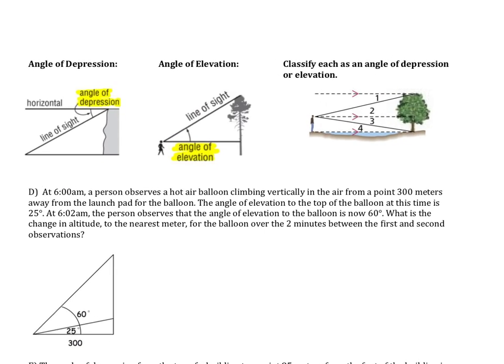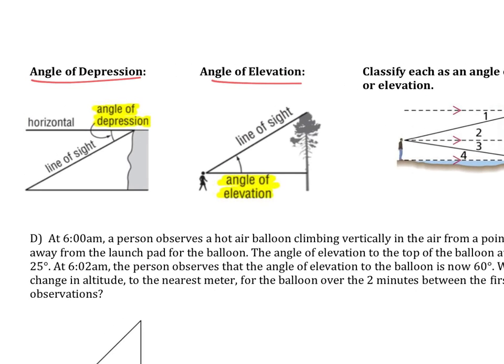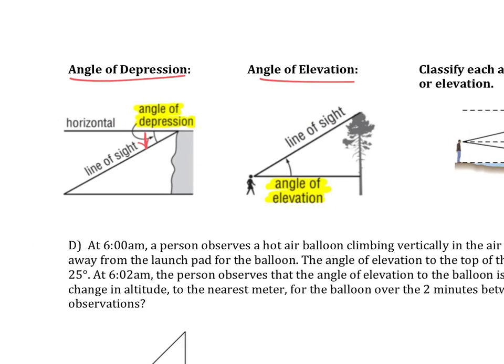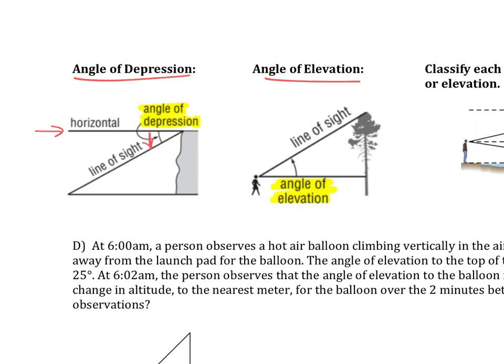The first couple things are angle of depression and angle of elevation. Depression, you should think like pushing down on something, like you're feeling really down, right? You're depressed, you're sad. So you're pushing down on something, so you're going down from the horizontal. So there's this horizontal line here.